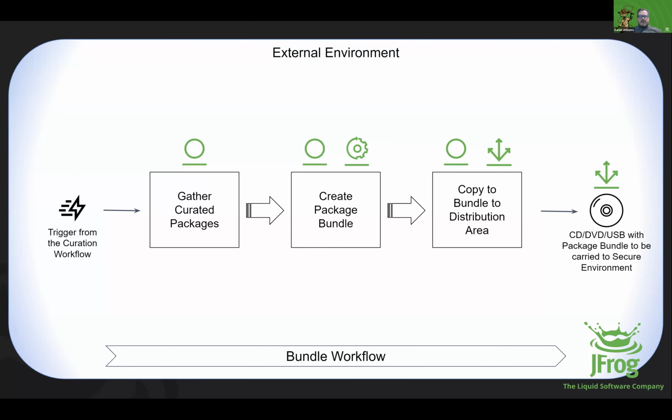The bundle workflow is going to take that trigger and gather everything from that curated repository, or in this case, multiple curated repositories, depending on the package types. We're using the release bundle that's built into JFrog's distribution functionality in the JPD. Create that release bundle and then download that release bundle to be carried into the environment.